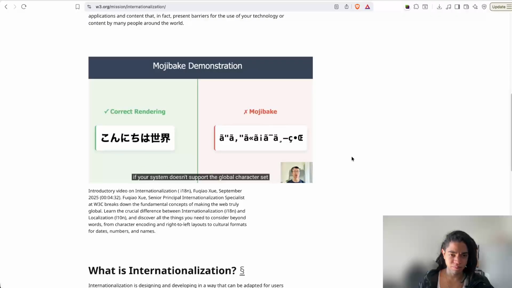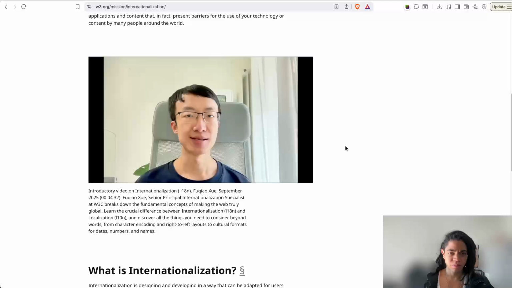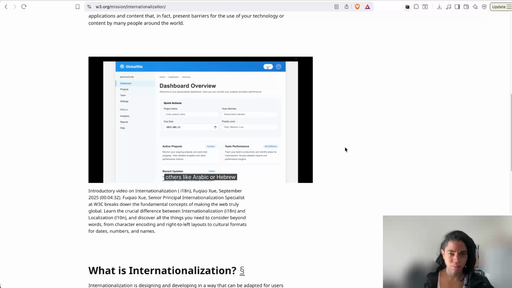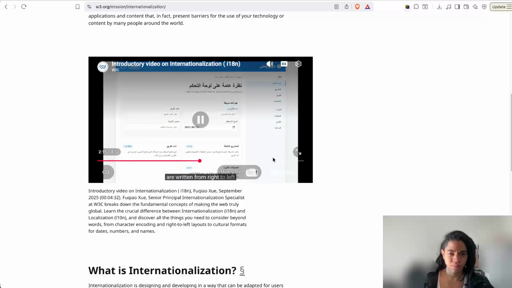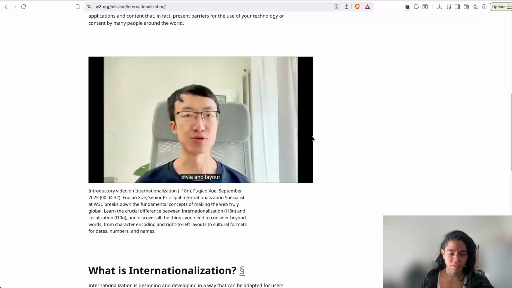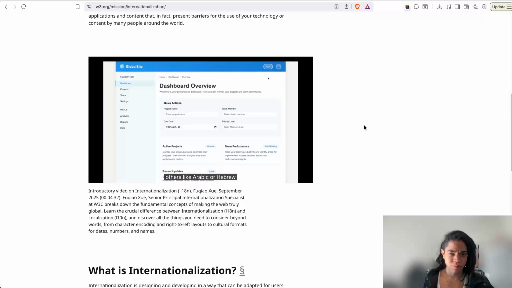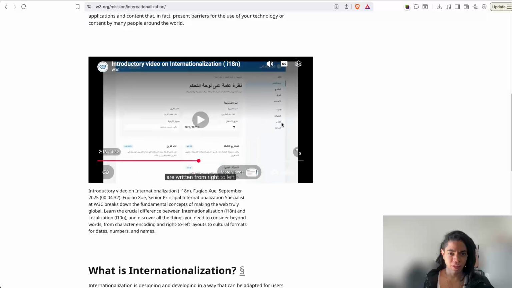If your system doesn't support the global character set, Unicode, text in languages like Japanese, Hindi, or Arabic can turn into gibberish. Second, styling and layout. Some languages, like German, have much longer words. Others, like Arabic or Hebrew, are written from right to left. Like what? Layout. Some languages, like German, have much longer words. Others, like Arabic or Hebrew, or Farsi. But he mentioned it's Arabic.